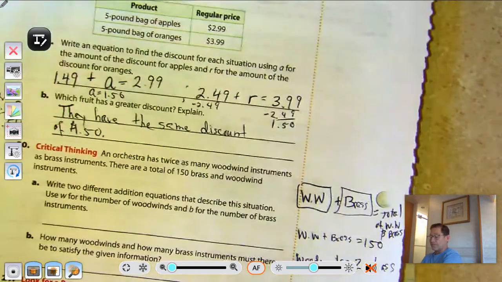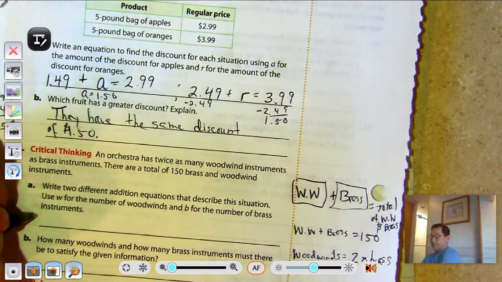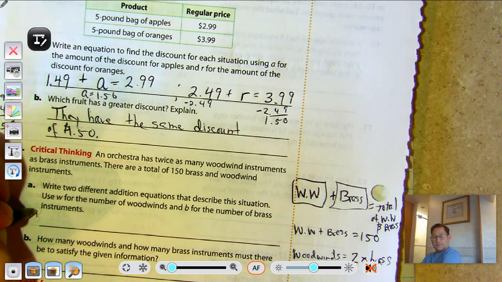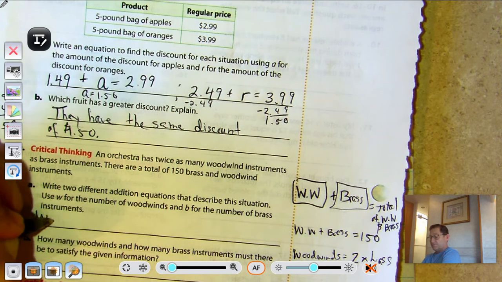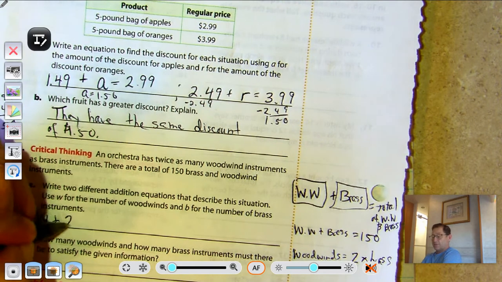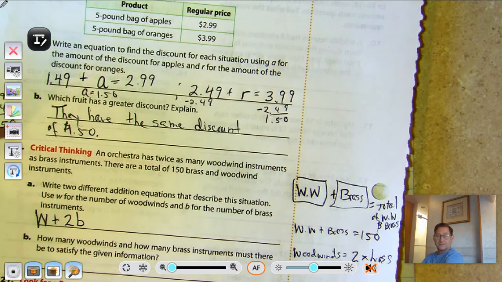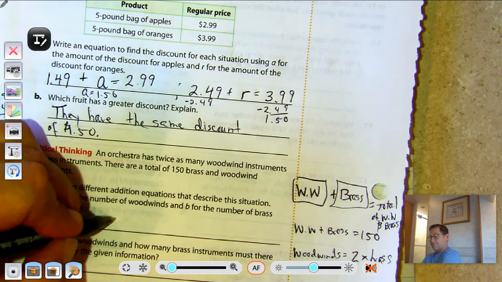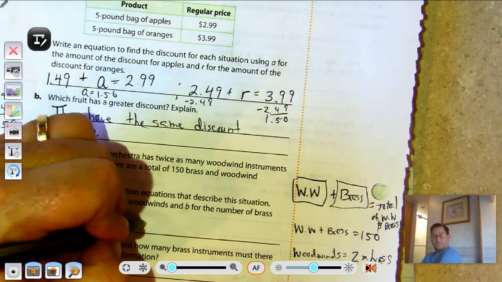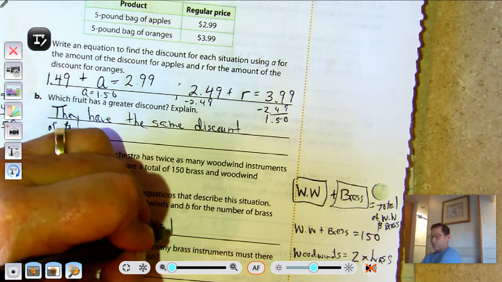So the equation would be W, the woodwind, plus 2 times the amount of the brass would be 150.